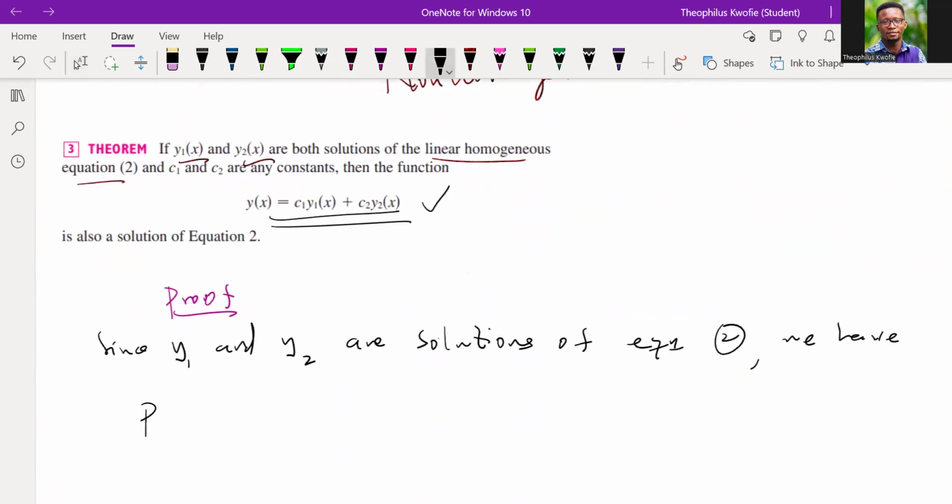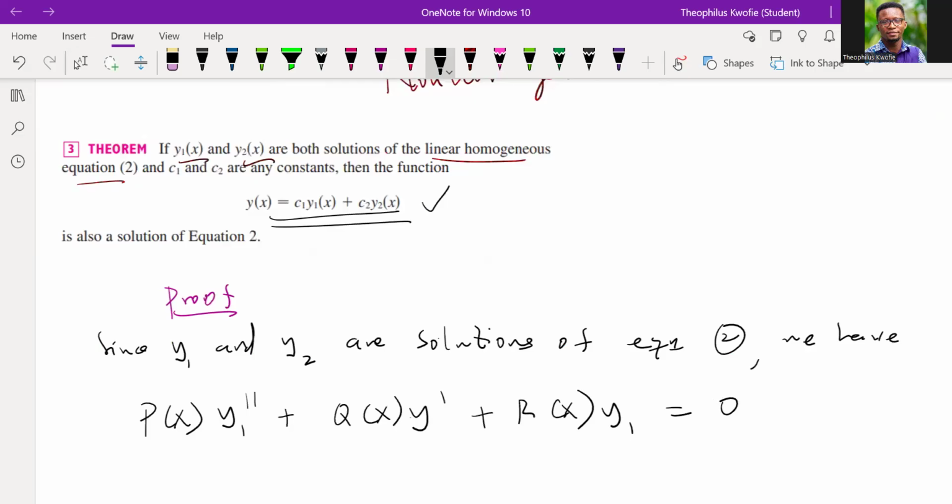we're going to have p of x y1 prime prime. Instead of using the d²y/dx², I'm using prime prime for ease of illustration. Then plus r of x multiplying y1 equals 0 because they satisfy the equation.